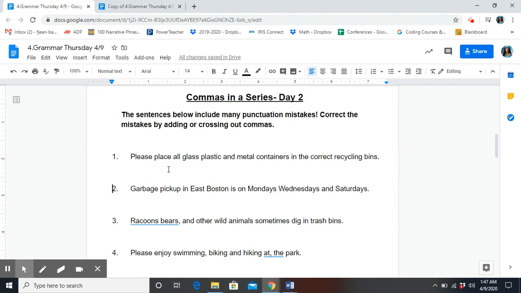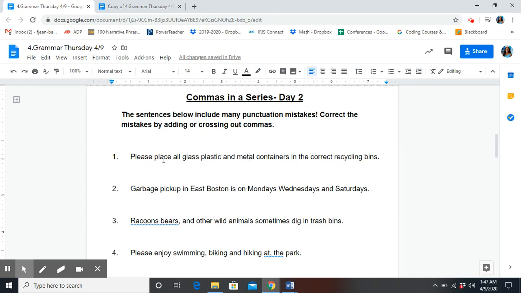Reading the sentence, what is our subject? That's right, our subject is containers. Now, what are the items that are describing the containers? You got it, glass, plastic, and metal.